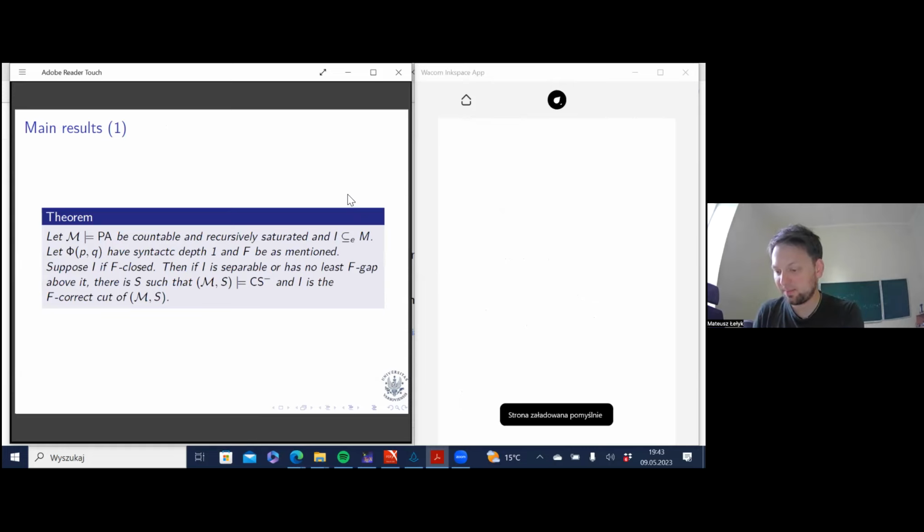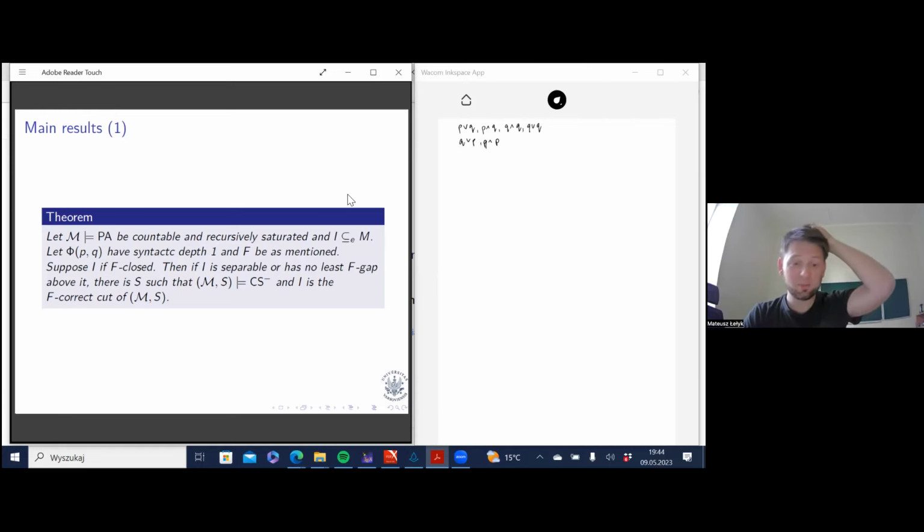Syntactic depth 1 is either P or Q, or P and Q, or Q and Q, or Q or Q, or also Q or P and Q and P. So I guess that these are the only possibilities satisfying our assumption. So this is like one theorem for these 6 cases.